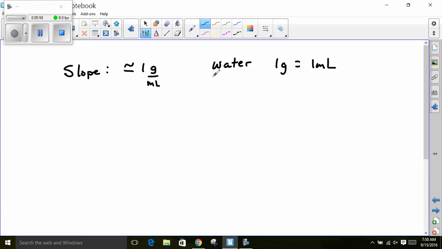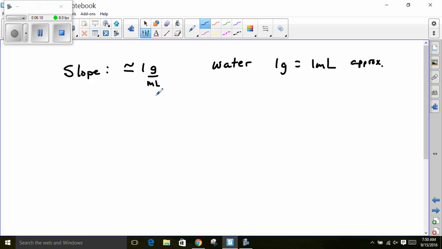We can't say this for anything other than water. All we've measured is water. We'll be measuring some other things. So 1 gram of water is equal to 1 milliliter of water, and that is approximate. It's not exactly equal, but it's close. If I round to a whole number, that's where it's going to be.